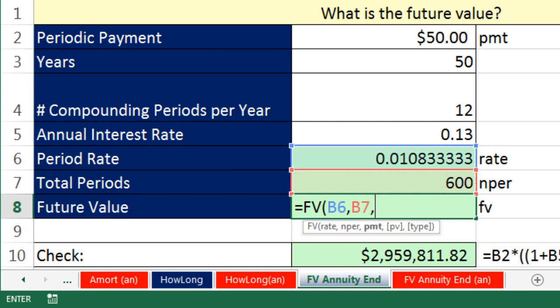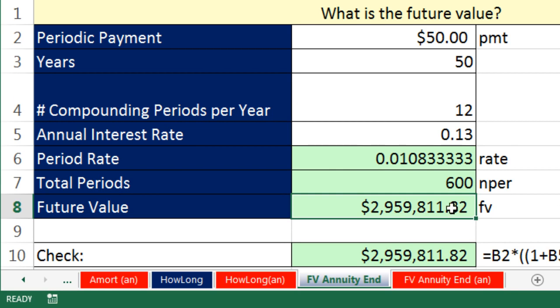The PMT, oh, this is going to be negative, right? Because we're putting it in the bank. So I'm going to put a minus sign right there and click on 50. That makes sense because on the day we retire, the future value better be coming to us, which is positive. No present value, that would mean some amount you started off with in the bank, a lump sum, and the type is going to be end.